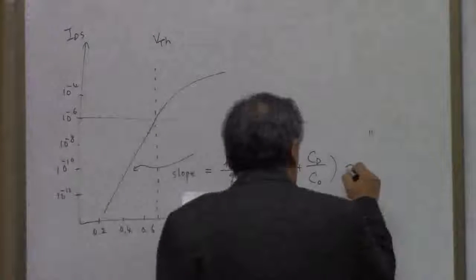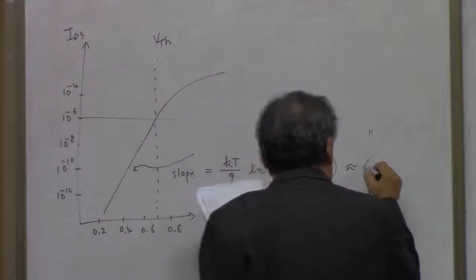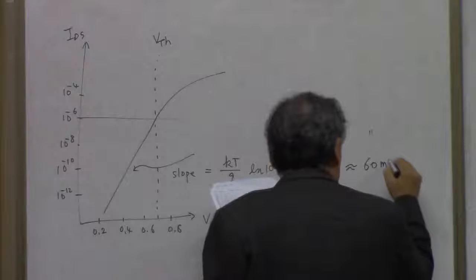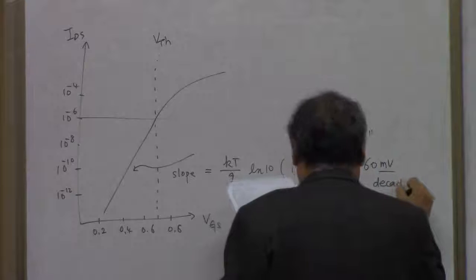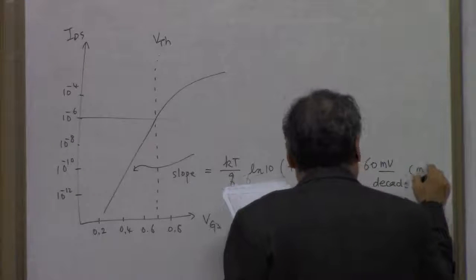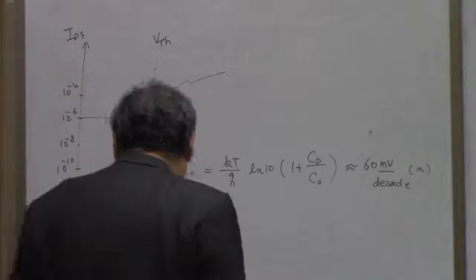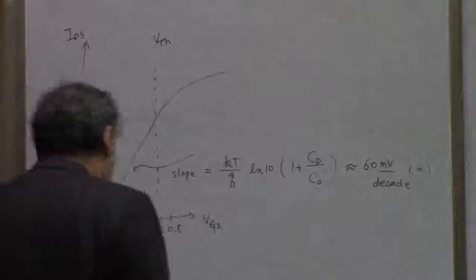And that is typically 60 millivolts per decade. All right? That is the typical value.